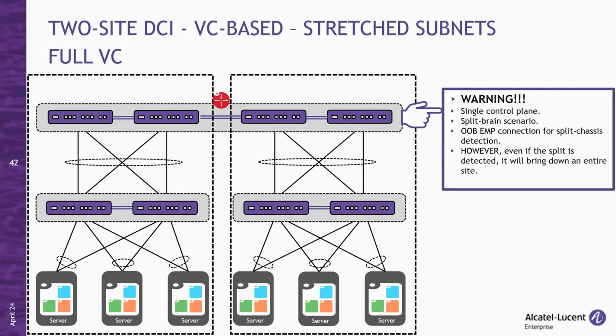In this design, the split brain scenario can only be detected using out-of-band EMP RCD and not using virtual chassis split protocol, since leaf nodes are only local and not connected to the other side. Even if a split brain scenario is detected, this will cause the entire site to go down.